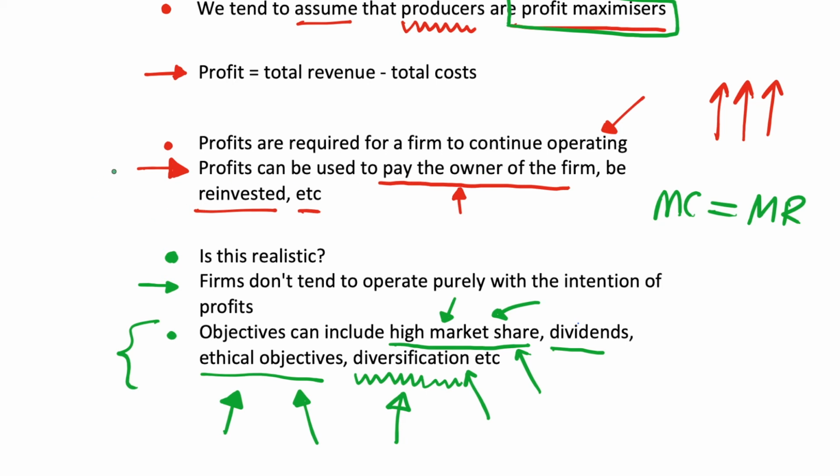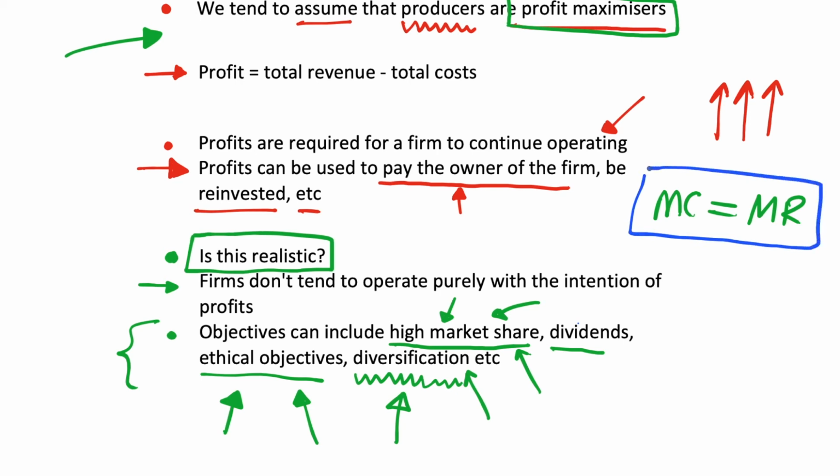But if this is the case then, and we say it's not really realistic, then why do we assume this about firms? And the simple answer is that it really does simplify things as an economist looking in on the action, that we can just assume that a firm is going to choose marginal cost equal to marginal revenue.